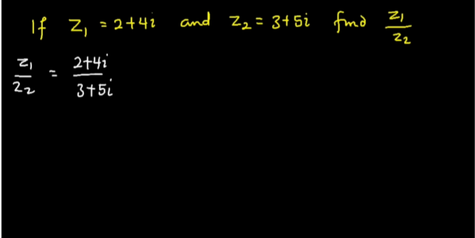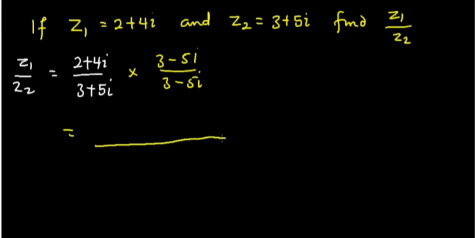Do the conjugates. So doing that, I will have times 3 minus 5i over 3 minus 5i. Okay, and this will give us a difference of two squares here in the denominator. I have 3 squared minus 5i all squared, right?